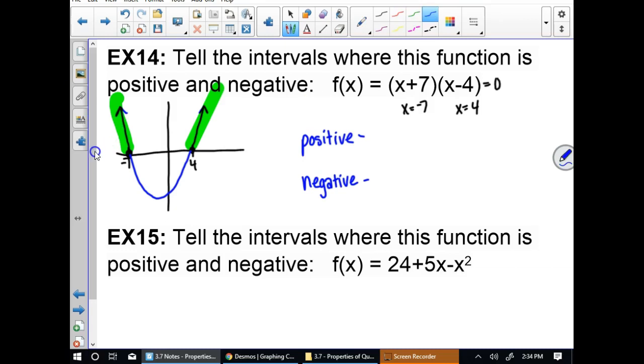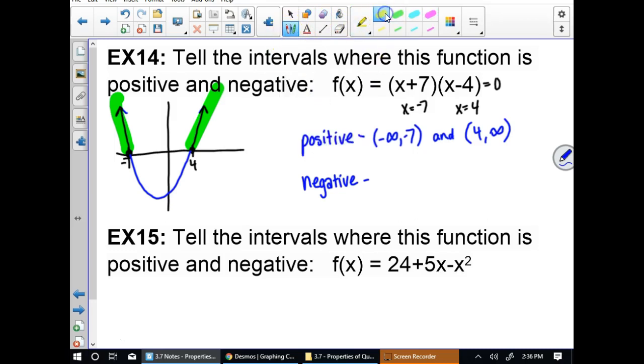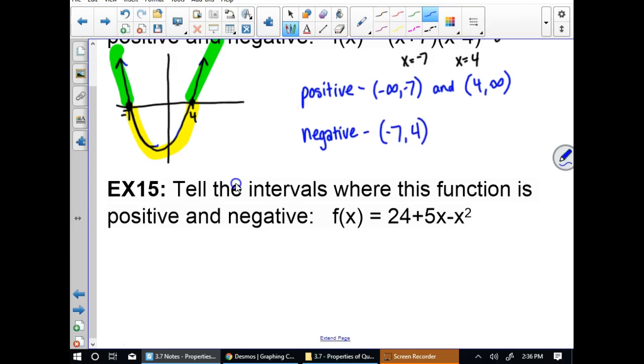So we are going from negative infinity up to negative 7, and also from 4 to infinity. And on this section right here, let's get our highlighter again, we are below the x-axis. So from negative 7 to 4, our function is negative.